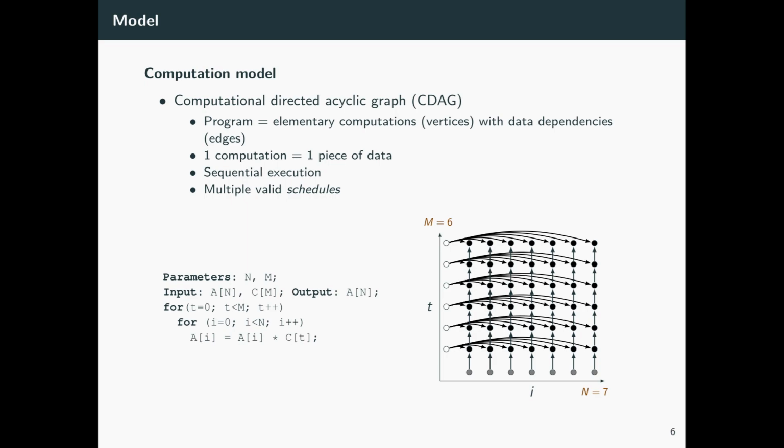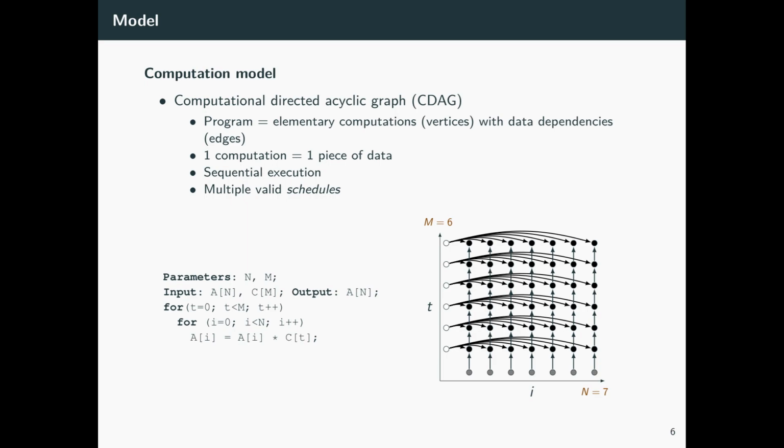That is, there is an edge between two vertices if the computation of one vertex requires the result of the computation of the other one. So here, the computations are identified with the data they produce, and for a single graph, there are multiple valid sequential schedules, and we do not take parallelism into account.